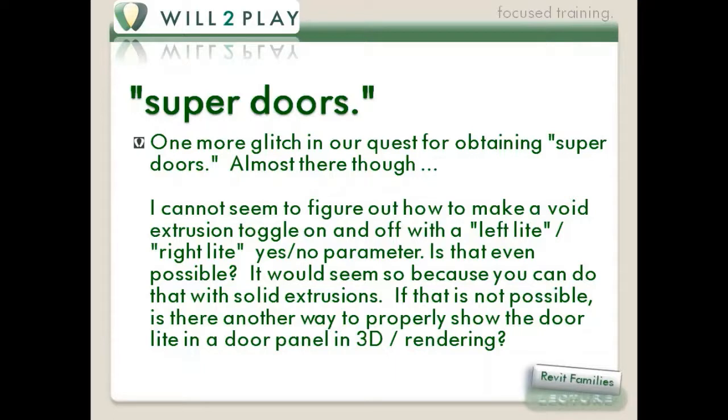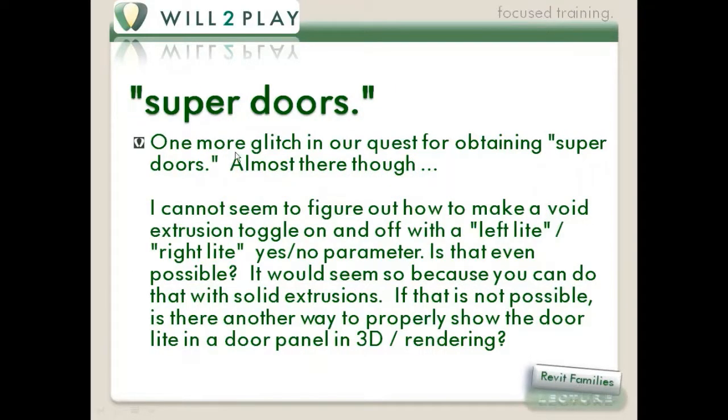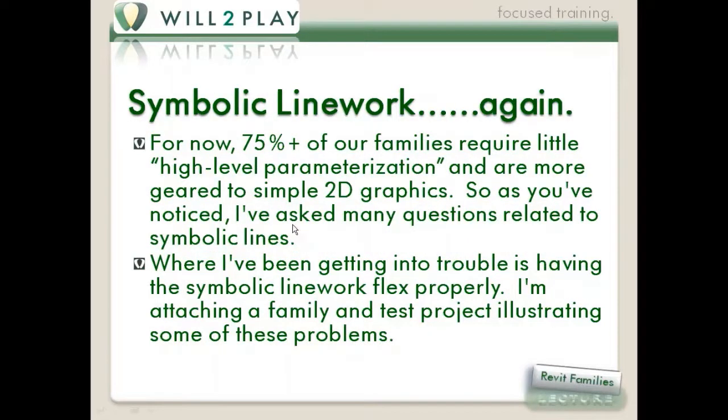One of them is the basic door family, and the other is the super door family. Whenever you need to look at the super door family, you load it in. When you don't need it, don't use it, because that's going to crush your project. So, anyway, any other questions with this? It's a void extrusion issue. That's all it is. Can't do it.